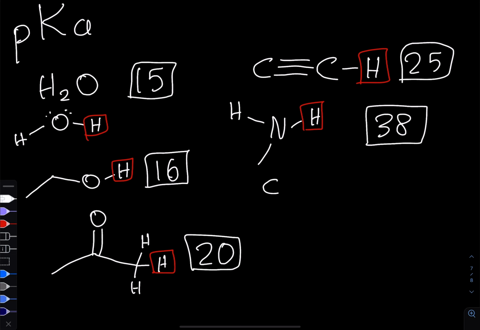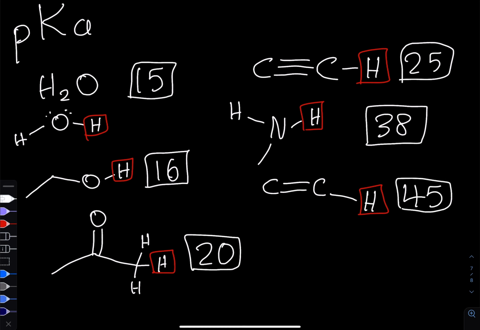Now, if we have a double bond and say one of the carbons on the double bond has a hydrogen, that proton is going to have a pKa of 45. And if we just have normal carbon-carbon bonds and there's a hydrogen on one of the carbons, that hydrogen is going to have a pKa of 50.